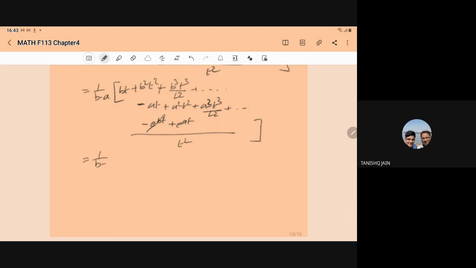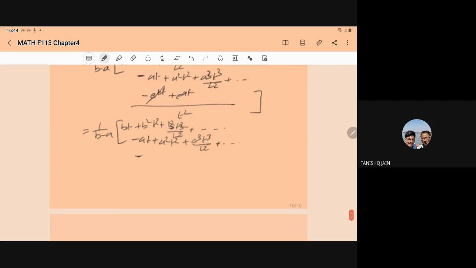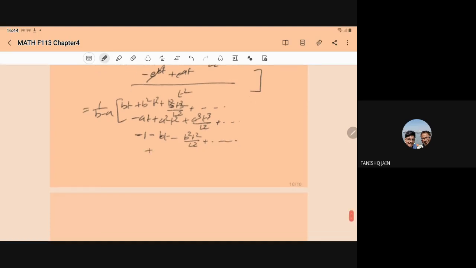So here 1 upon b minus a, and here we have bt plus b square t square upon factorial 2 and so on, minus at plus a square t square plus a cube t cube, b cube t cube upon factorial 3 and so on, minus 1 minus e to power bt minus b square t square upon factorial 2 and so on, plus 1 plus at plus a square t square upon factorial 2 and so on, and whole upon t square.